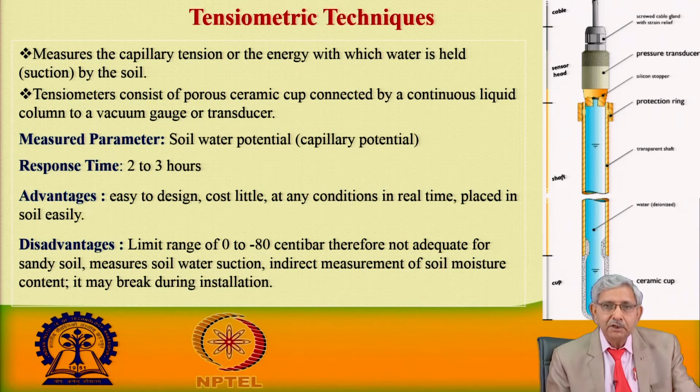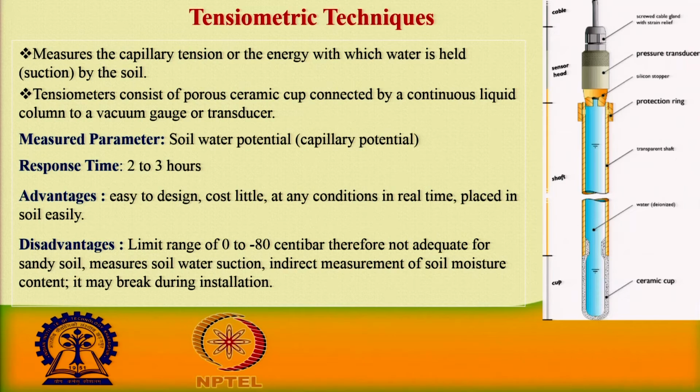So this is the potential we are measuring, the matric potential, when we are using a tensiometer. A tensiometer consists of a porous cup connected by a continuous liquid column to a vacuum gauge or transducer.